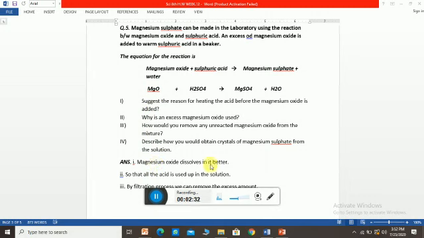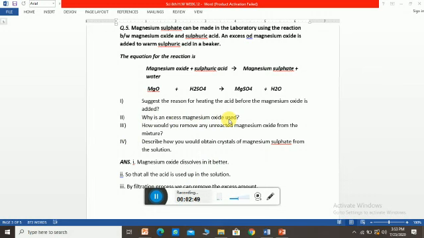Okay, second, why is the excess magnesium oxide used?